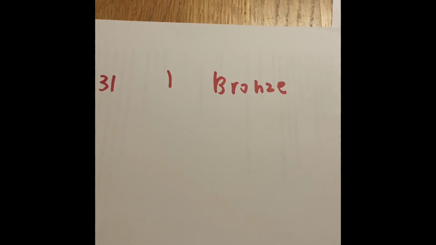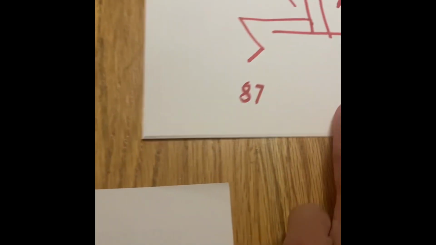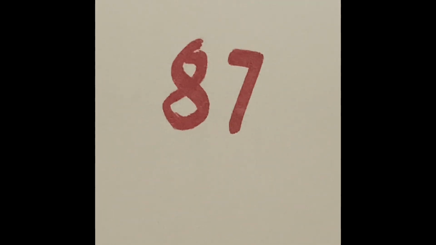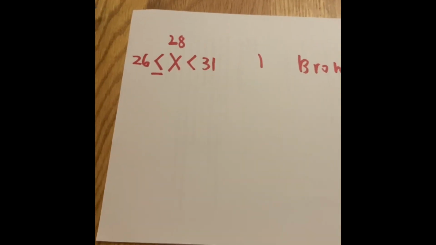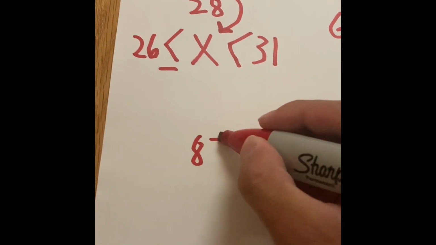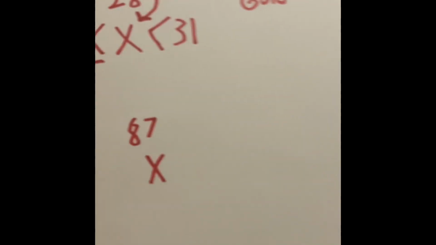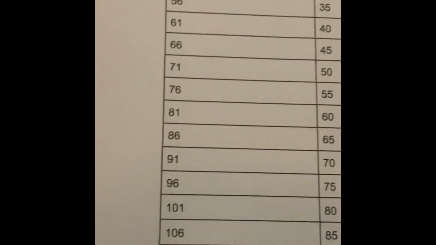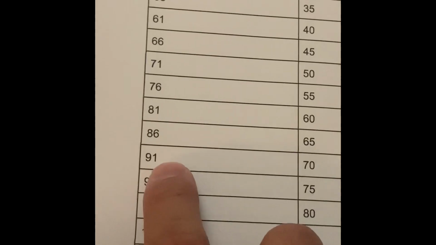But here's the challenge. What happens if the Scout tries really hard and gets an astonishing 87 merit badges? Let's see what we can do. So if we put 87 right here and put X right there, let's see what the restrictions are. So 87 right here is in between 86 and 91.